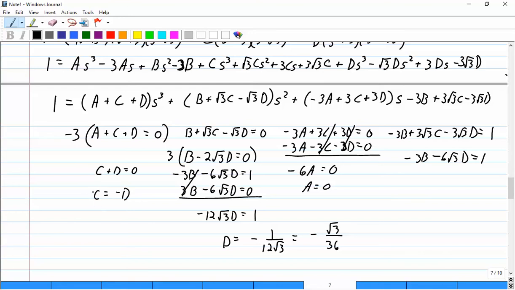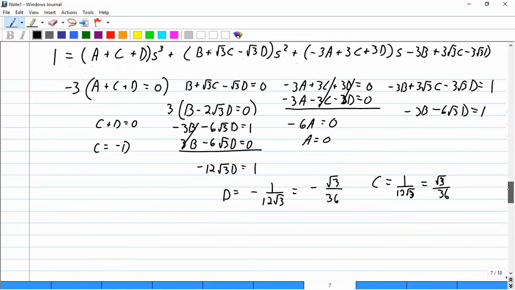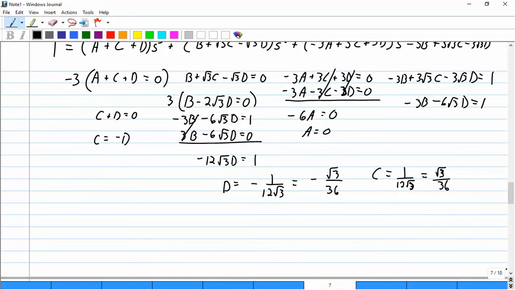If I know that, then I know c equals positive 1 over 12 square root of 3, or square root of 3 over 36. And what about b? If I plug that in for c and d, would they cancel out? Let's say I took, it doesn't matter which equation I use.